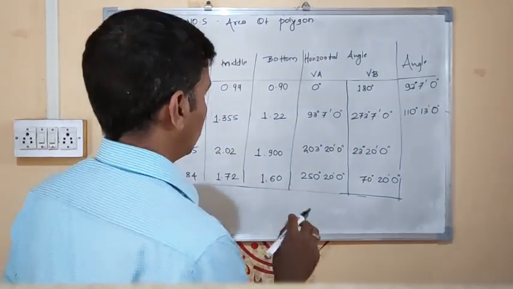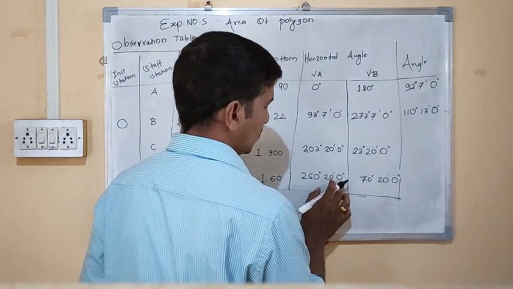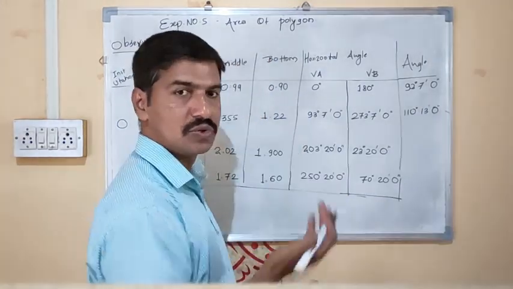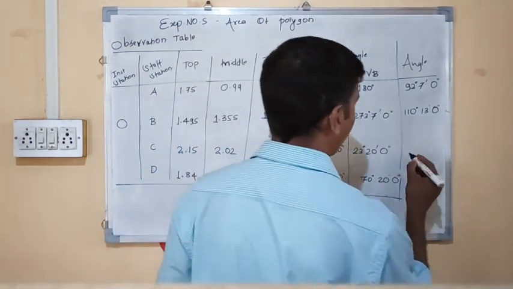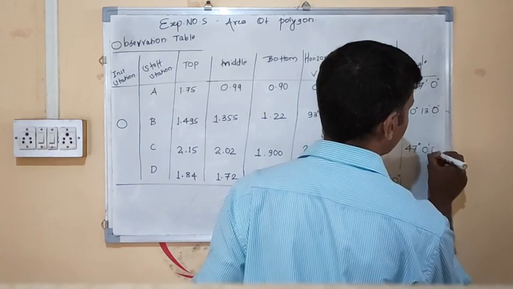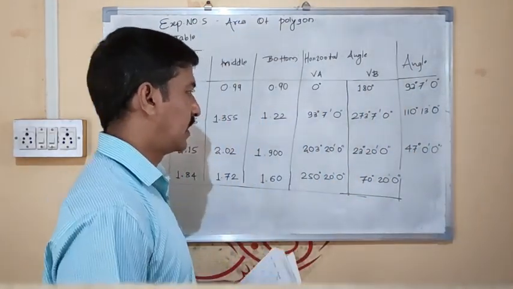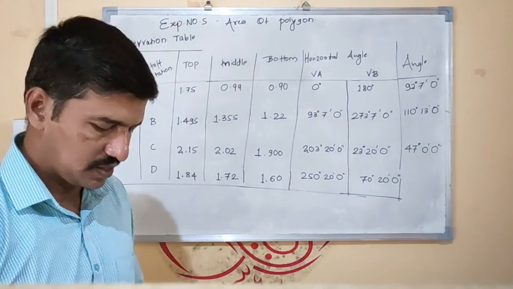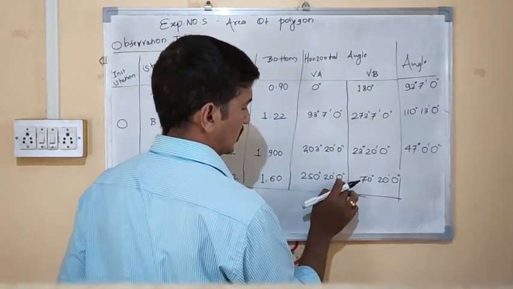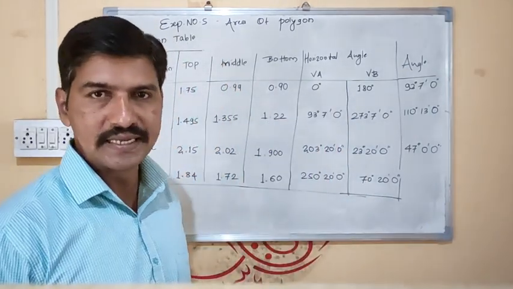Next, 250 degrees 20 minutes 0 seconds minus 203 degrees 20 minutes 0 seconds. So it is 47 degrees 0 minutes 0 seconds. And lastly, it is 250 degrees 20 minutes and 0 seconds, and this 0 will become your 360.